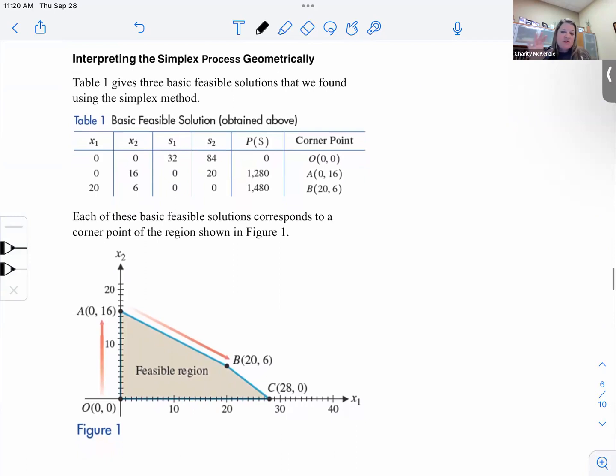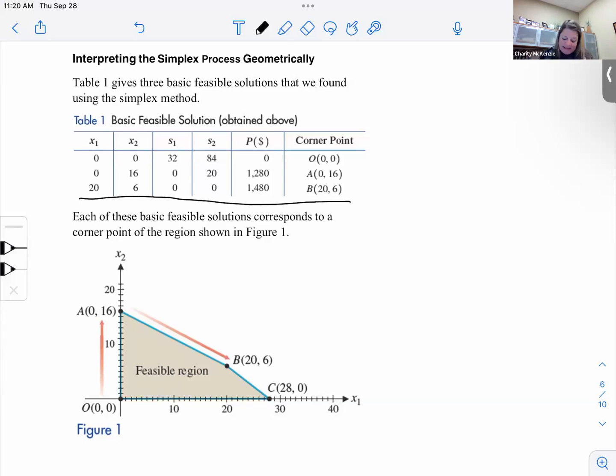They do show this geometrically. Now, you've already gone over geometric, so this should make sense to you. It is awesome. We can easily see the geometric in the feasible region. What did we say the solution was? 6 and 20? So that's this bottom one right here, right?